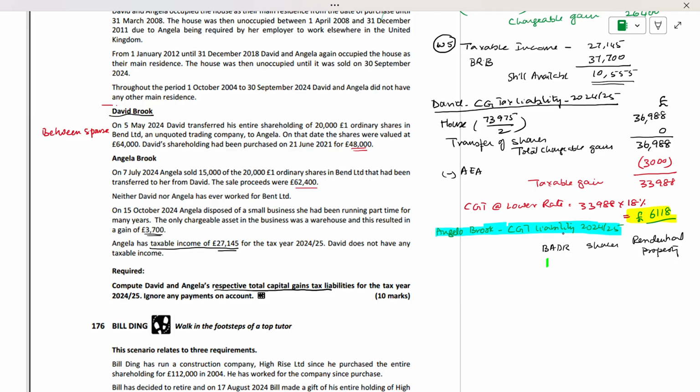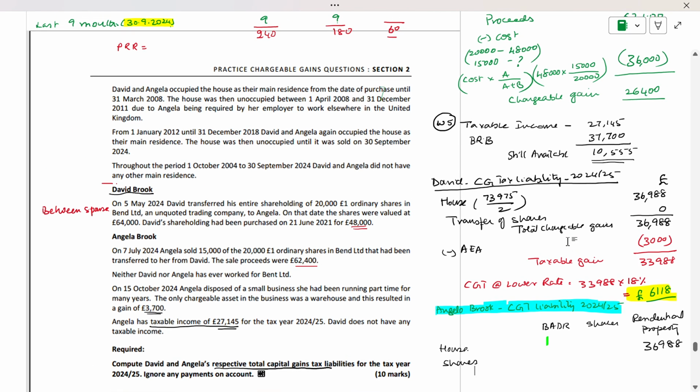Now, how much is the gain, one by one? How much is the house? 36,988. Shares, how much? We have calculated.